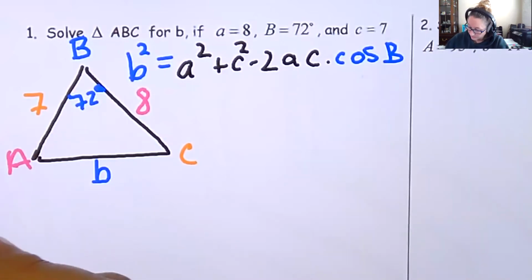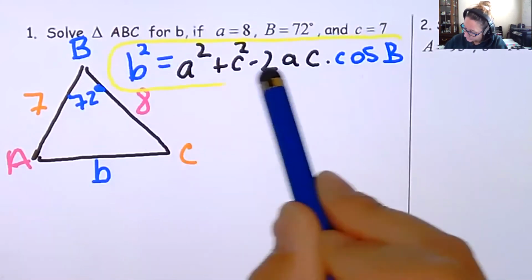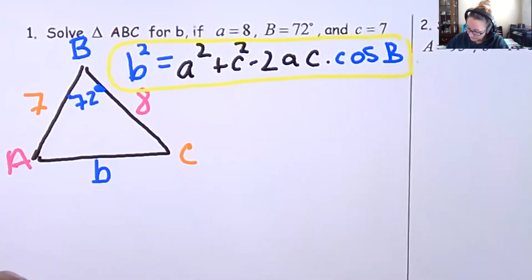Okay, so let me just kind of highlight this real quick. So this is not my answer, but this is what I'm using. Now let me just stick everything in here, okay?